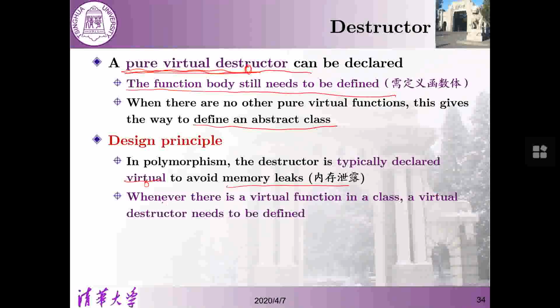And whenever there is a virtual function in a class, a virtual destructor needs to be defined. Be more careful about this. If you have a virtual function in a class, you should have a virtual destructor. Otherwise, there may be memory leaks.